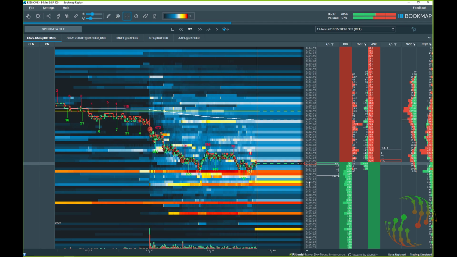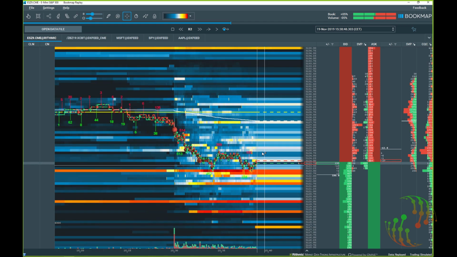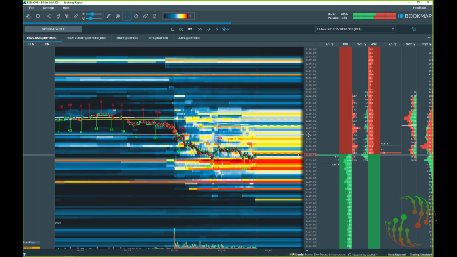So it would probably be a scalp, unless you started seeing people coming in underneath. Yeah. So at the moment it is really tempting to go long here at 23, because I would agree, possibly, but just for a quick scalp.